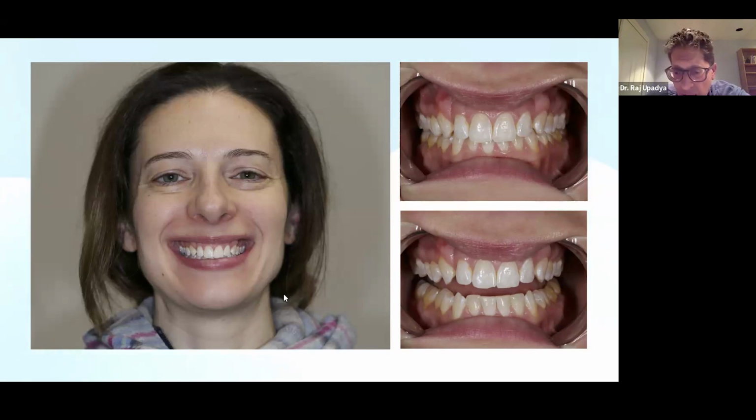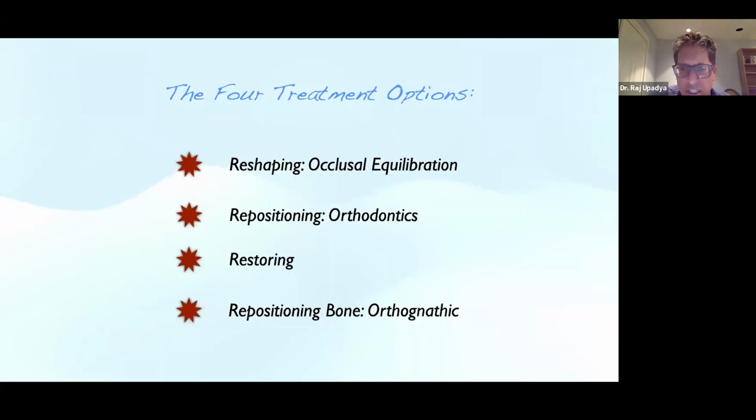You can see in the posterior here, she's getting a loss of attachment. She's sensitive in all of those areas. And she's just thinking originally that she's brushing too hard and that she lost her bite and she's grinding her teeth. So we just gather all that information, and we always remember that we have 4 treatment options available to us.